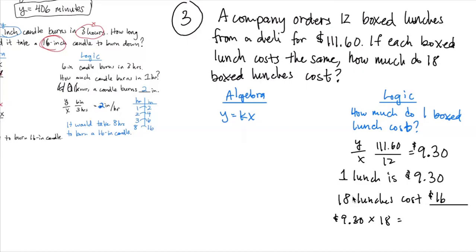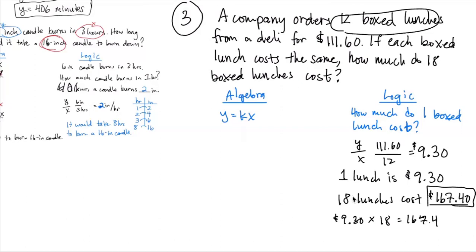And I get $167.40. Again, the calculator says 167.4, but we're talking about money, so we need to do 0.40. So my answer, you should have gotten $167.40.